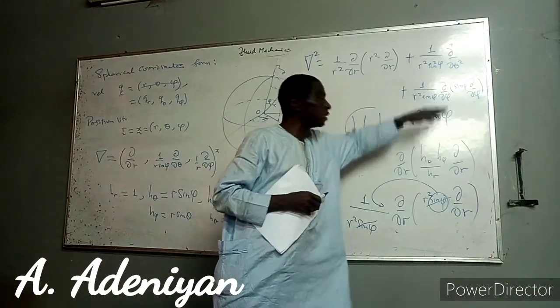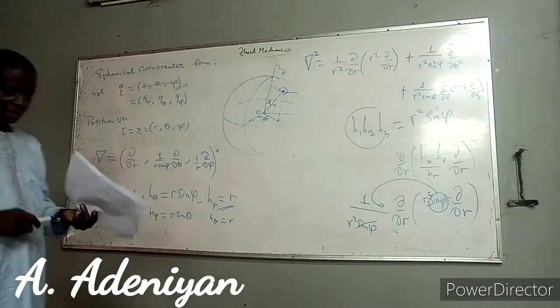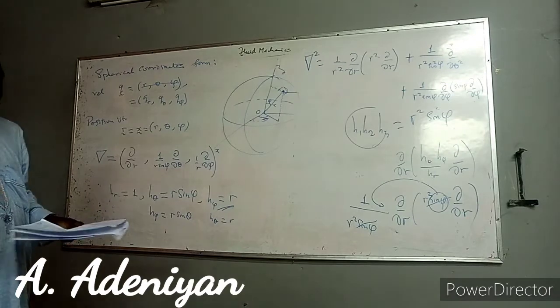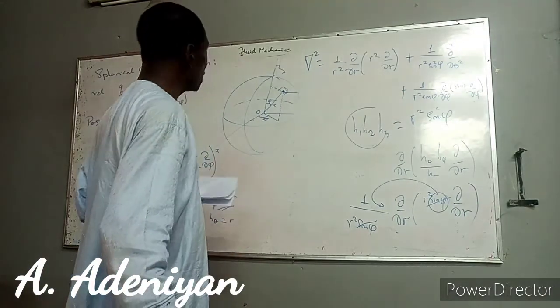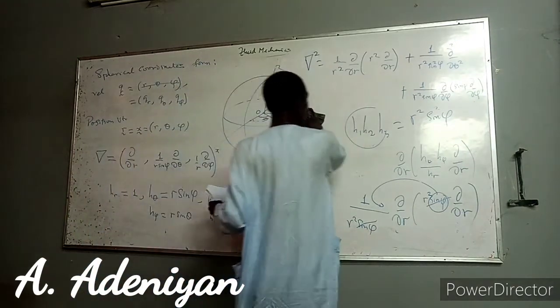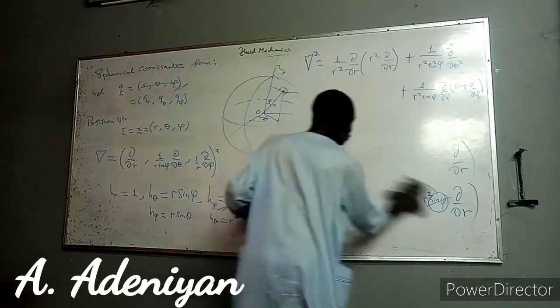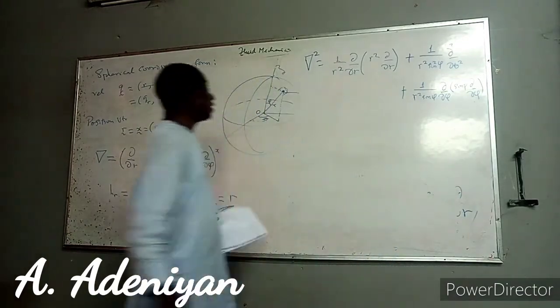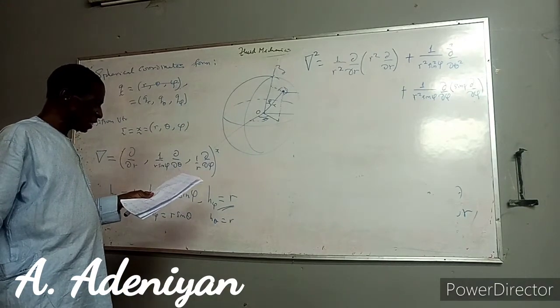Then you should be able to show the rest when you expand that factor inside, the denominator factor 1 over h1 h2 h3. So that is that. I think I've used this only to explain. You see how we got that. So that is the equivalent of del squared. And those are the things you need.